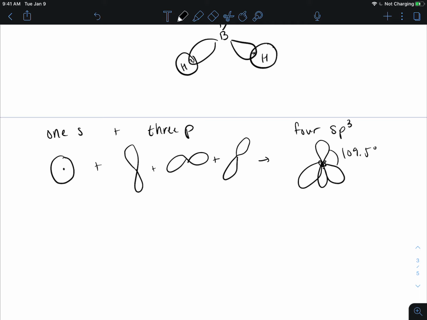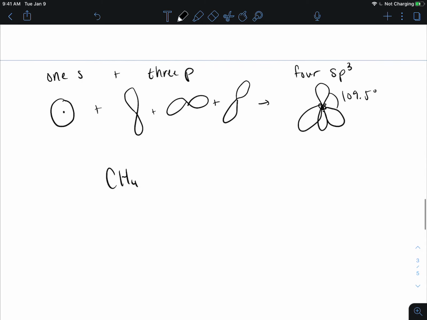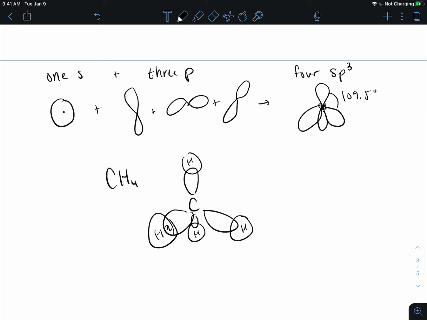Each of the big lobes is 109.5 degrees away from each other. We see this with something like CH4. Each of these bonds is the overlap between an s orbital and an sp3 orbital. Okay?